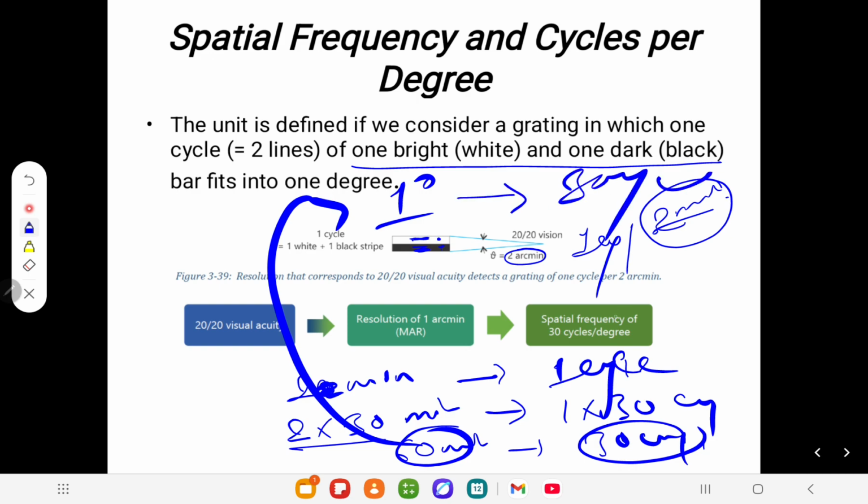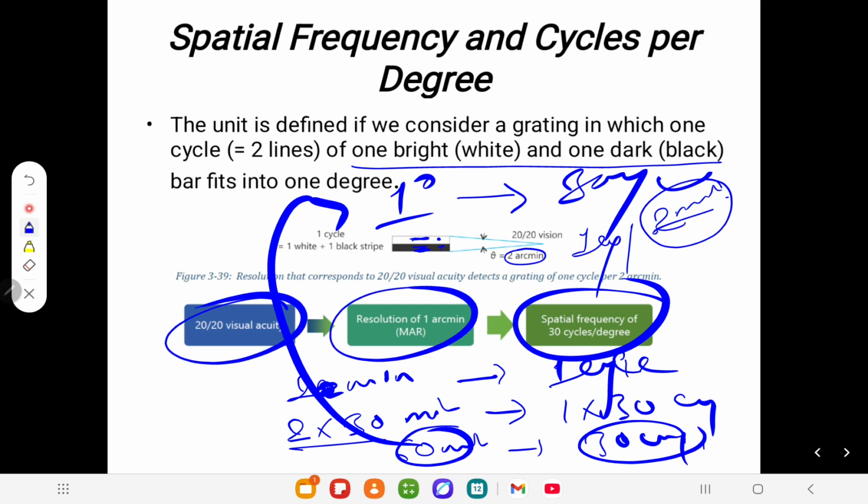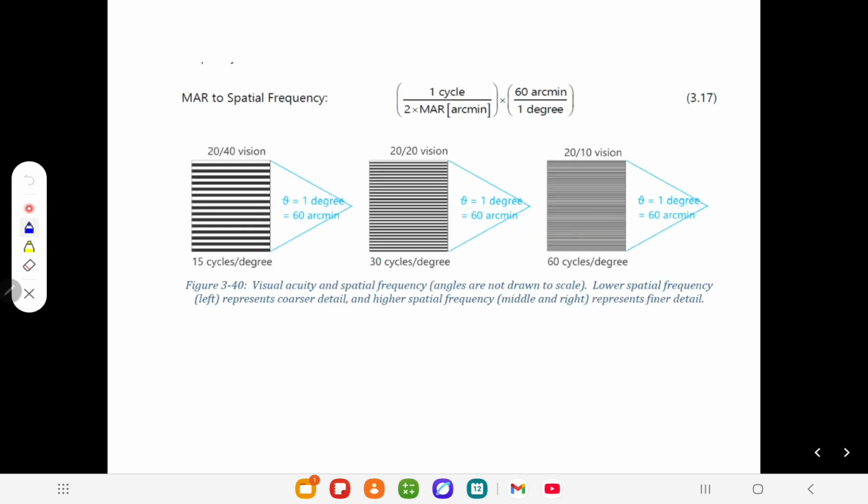In 20/20 visual acuity, the MAR is 1 minute of arc, so 1 black and 1 white, 2 MAR, is equal to 1 cycle, and then we just make it 60 minutes of arc. In 60 minutes of arc, that's 30 cycles. It's just a simple calculation.